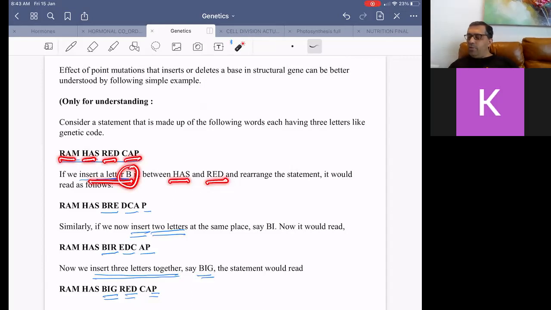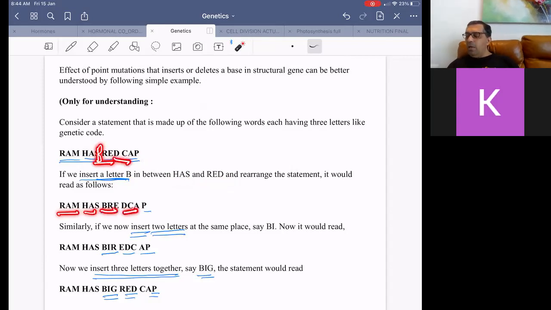So now the sequence will become Ram has, and red cap की जगह इधर B आ गया, it will become DRE and then DCA and then P. So the sequence of codons has changed by point mutation.